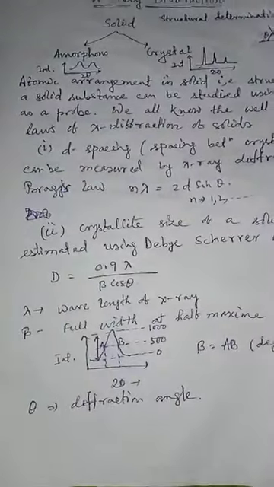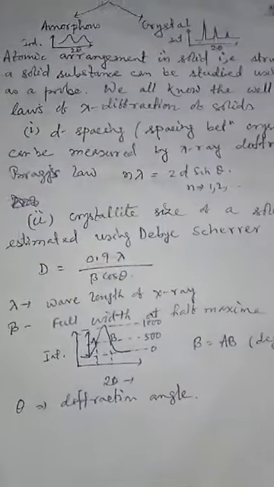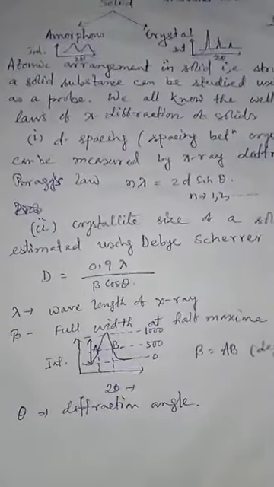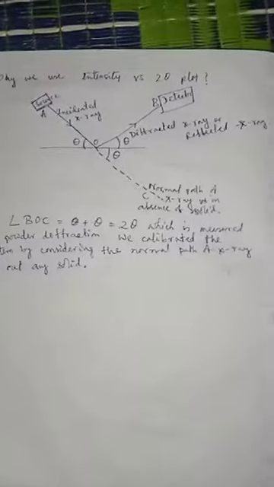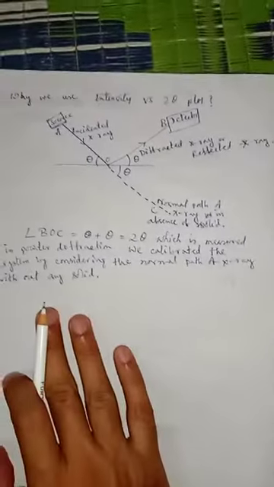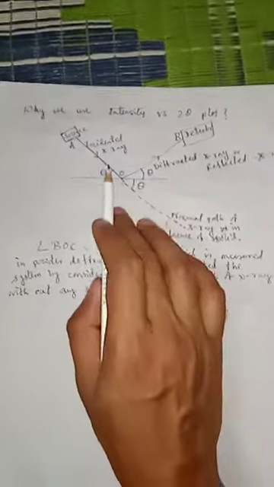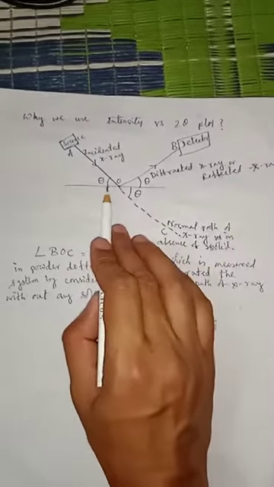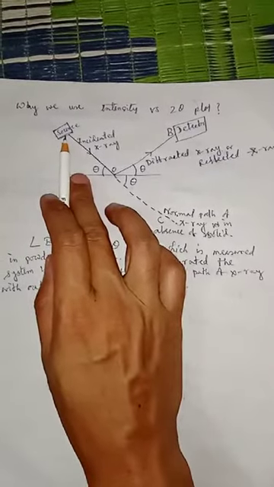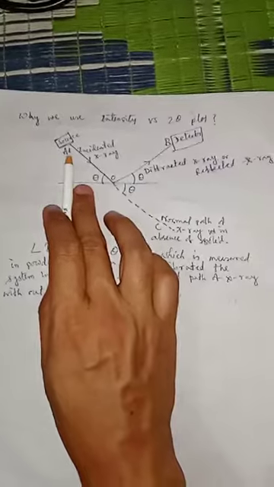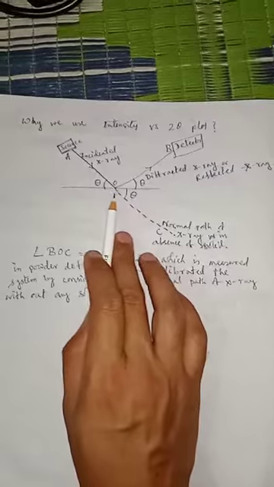We have noticed that everywhere when we are plotting the X-ray diffraction pattern, we are using 2 theta on the x-axis. Why? This will be clear from this diagram. Here is my solid. I have an X-ray source here, and this X-ray source emits X-rays, and this X-ray is falling on the solid.